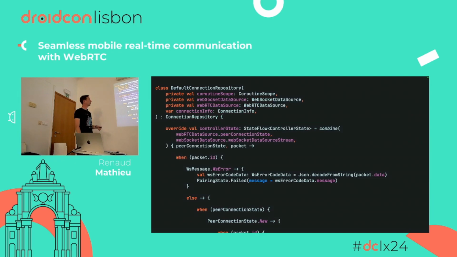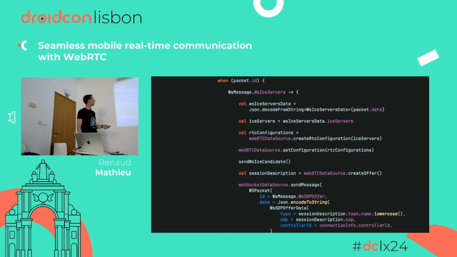And the connection repository, I said that I'm going to combine all the states, all the values from the WebSocket and the WebRTC. So what I'm going to do is I have a state flow. I'm combining my peer connection state and my WebSocket data stream, and depending on my packets, I do some challenge.